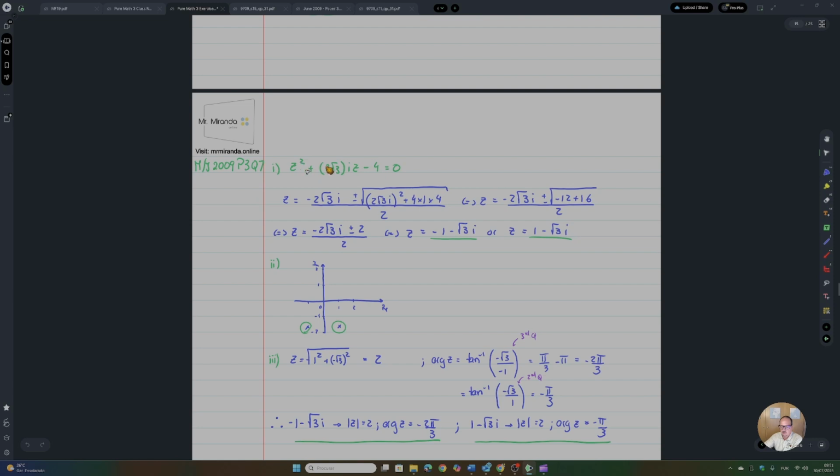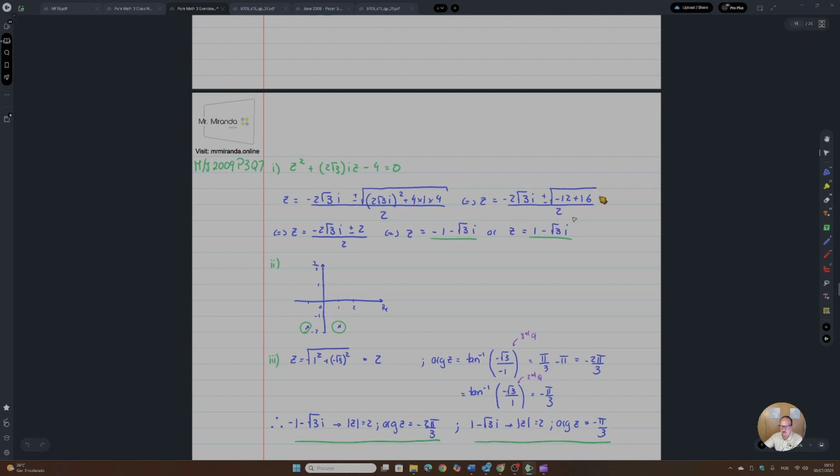So you can solve this as a quadratic because, in fact, it is a quadratic. Solve it for z. I just applied here the quadratic formula. B squared is this. If you square the whole thing, this is going to be 4 times 3 times i squared, which is minus 1. So this is just going to be minus 12, and this is 16.